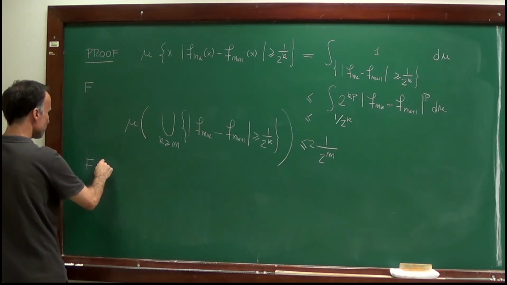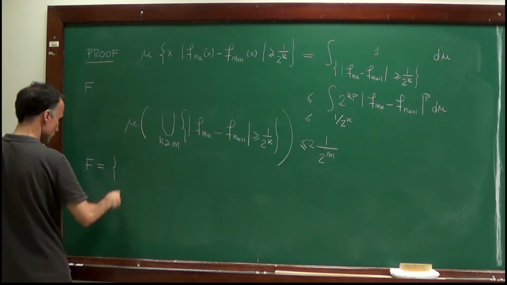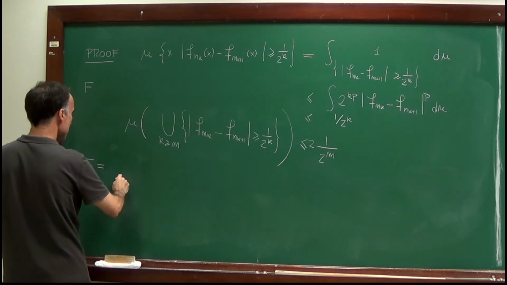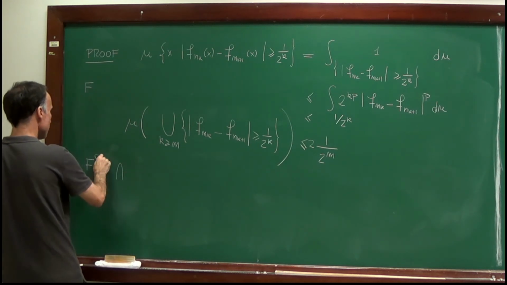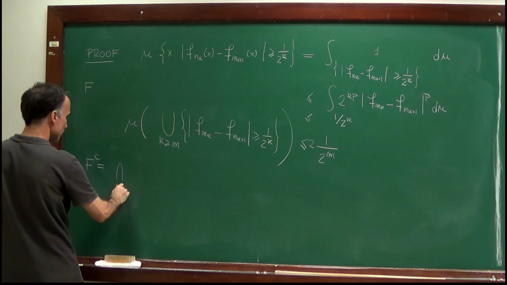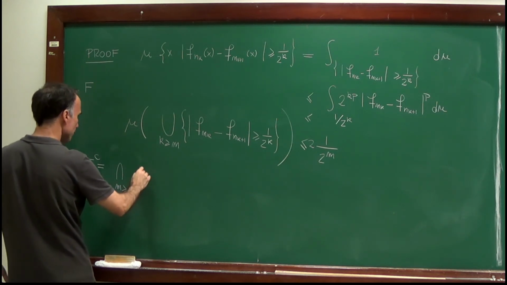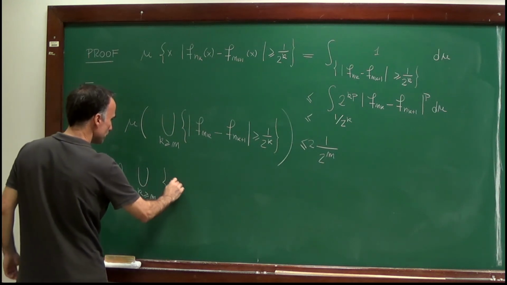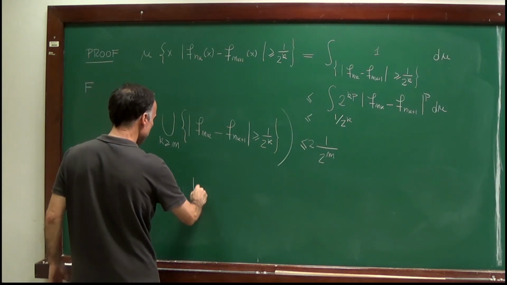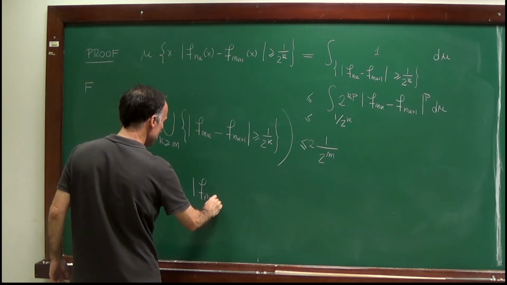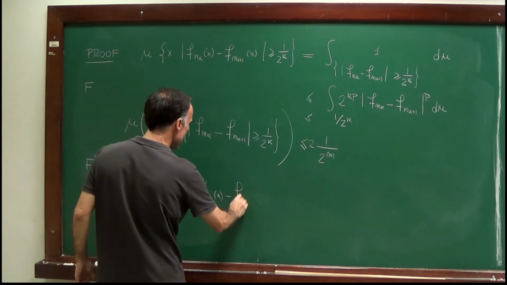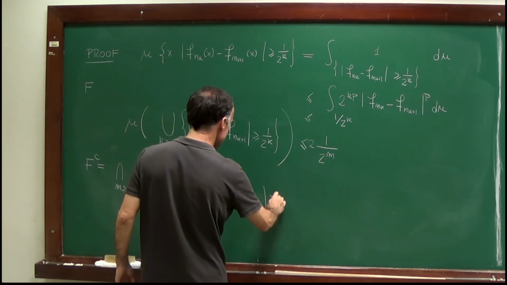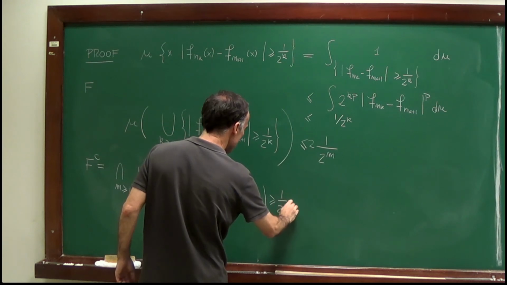So the set F complement will be the intersection over m larger than 1 of the union over k larger or equal than m of the set of points x such that f_{n_k}(x) minus f_{n_{k+1}}(x) is larger or equal than 1 over 2^k.